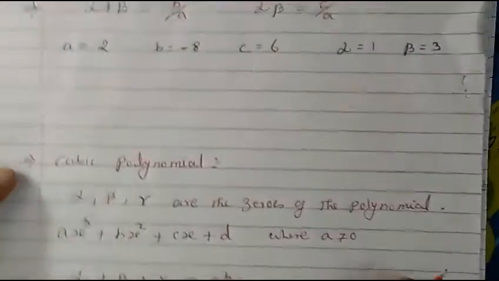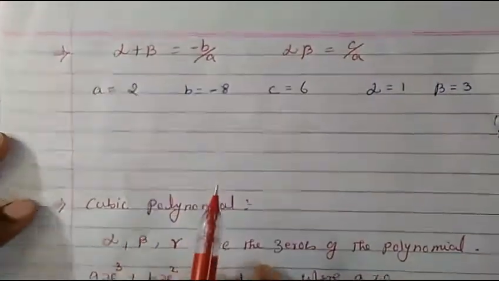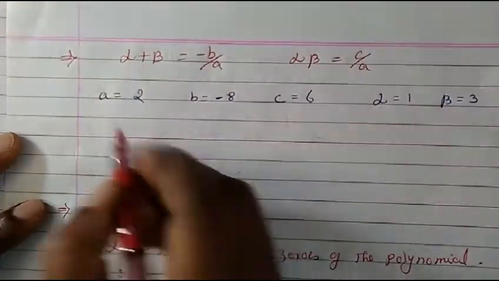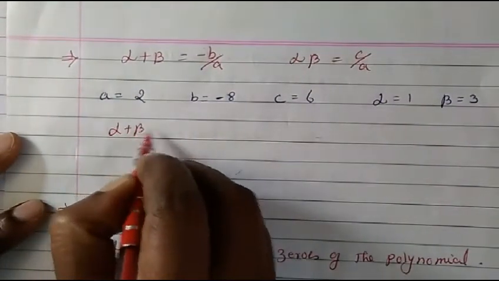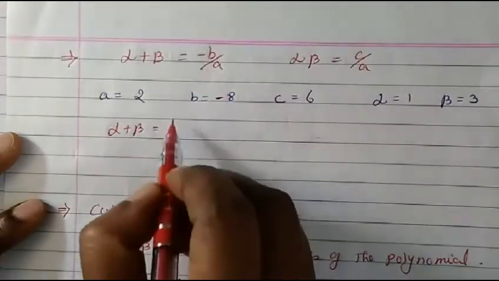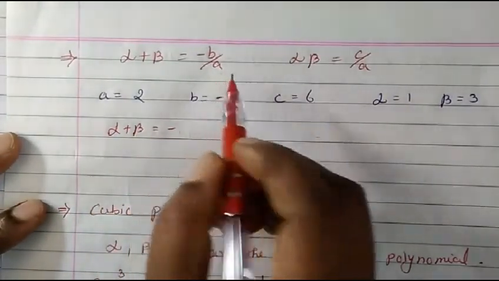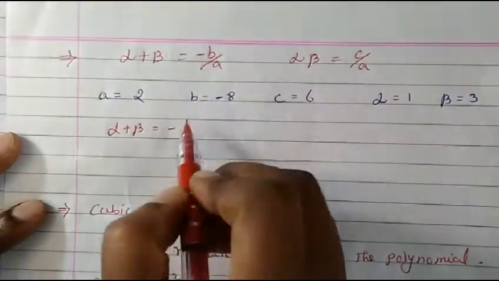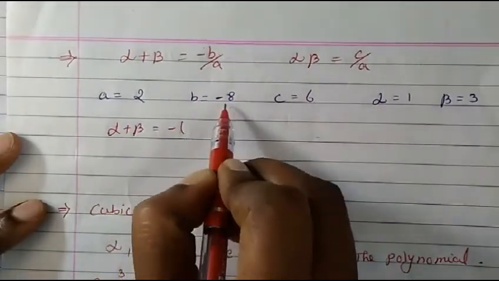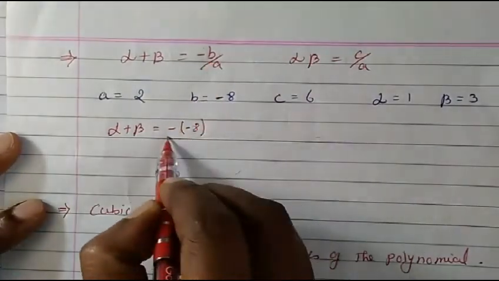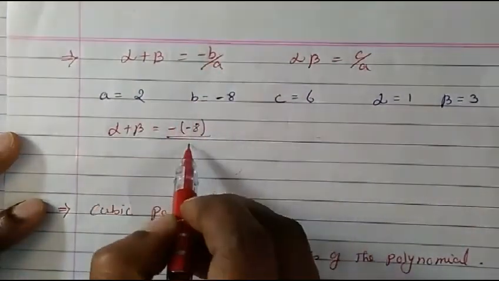Now we are going to see the relationship using this formula. If you want to get the sum of the zeros, minus b: this minus we write as it is, and then the b value. The b value is minus 8, and the a value is 2.